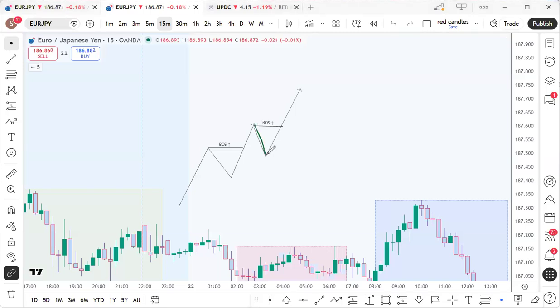On this pullback, it's not guaranteed that it will go up. For all we know, price can decide that, oh, I'm not ready to go up yet, and just go the other direction. Okay, price can do that.